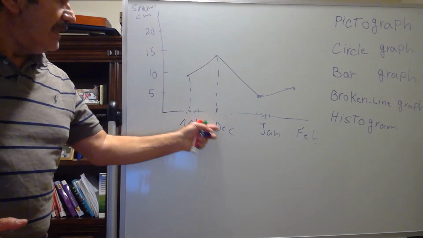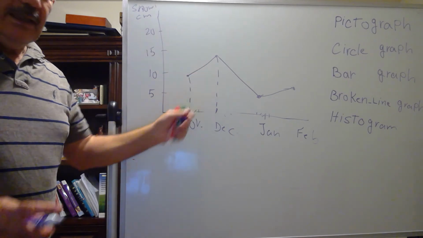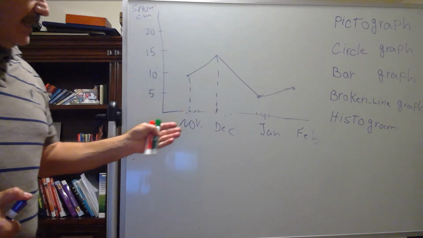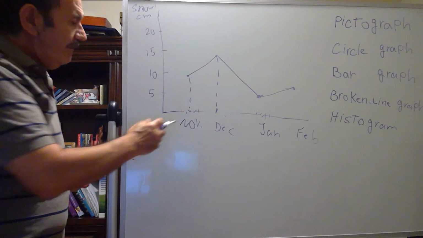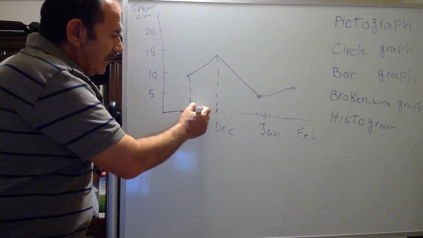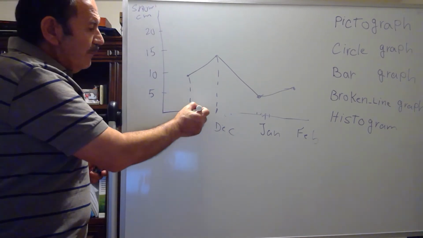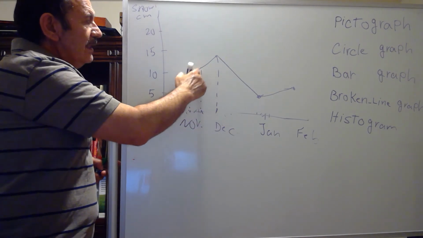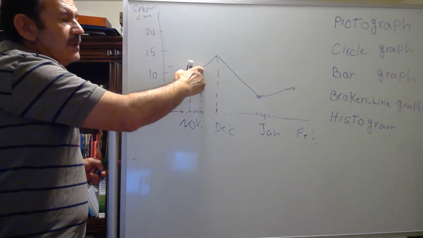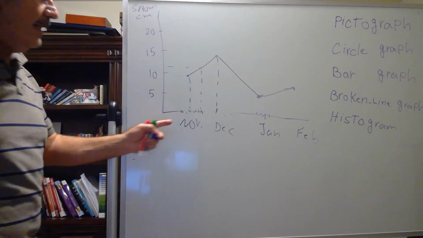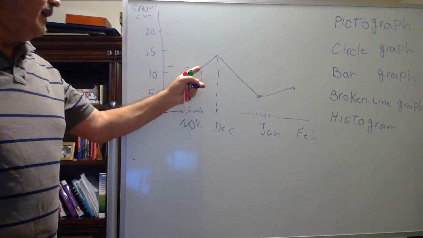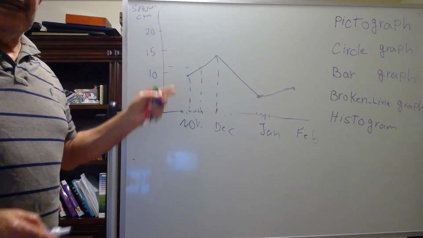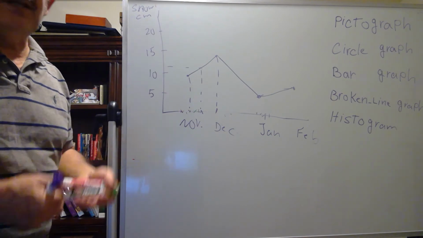Between November and December, we don't have the data. It means, as an example, if this is the beginning of November and this is the end of November, and I draw this line here, this point is 12. I cannot say that at the end of November we have 12 centimeters of snowfall. We cannot say this.